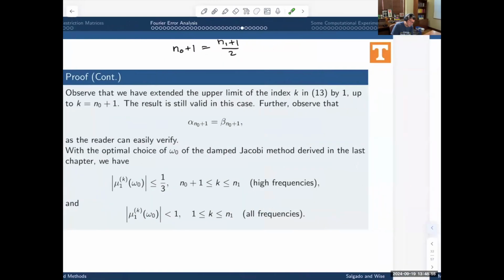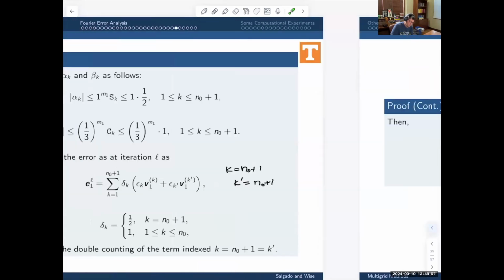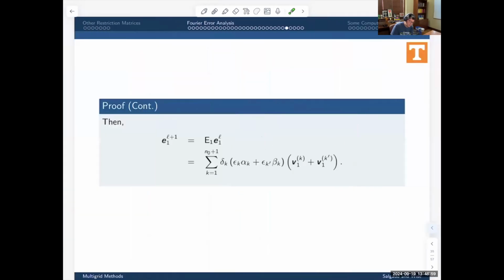So I'm going to use 13 and 14 with this expansion here, and I immediately obtain this expansion. Not too difficult to show that. Okay, so this alpha k and beta k come because of the application of the E1 matrix. And again, I'm only double counting whenever k is equal to n0 plus 1, so I'm dividing by 2 to take care of that.